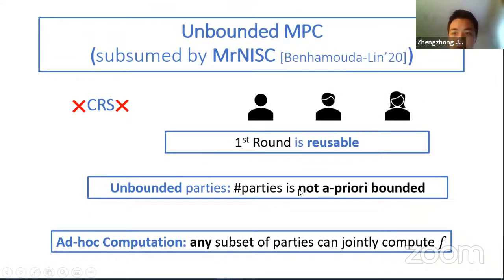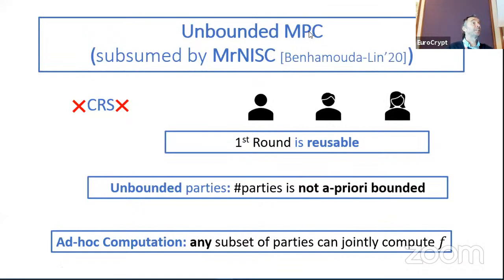For some MPC protocols, after the first round message, the number of parties that can be involved in the second round is already bounded. But we require that after the first round message, the number of parties that can be involved in the second round is unbounded. Okay, thanks. I missed the very first part of your talk.